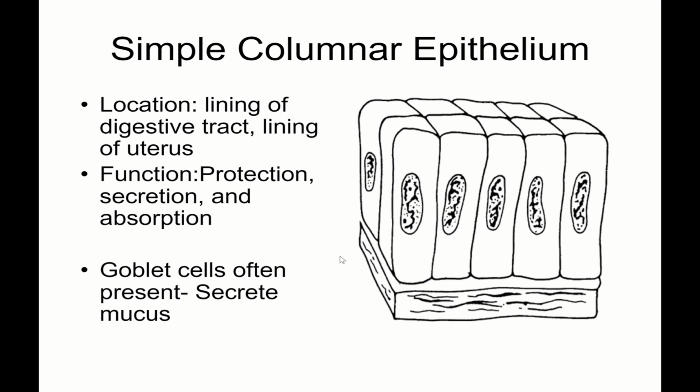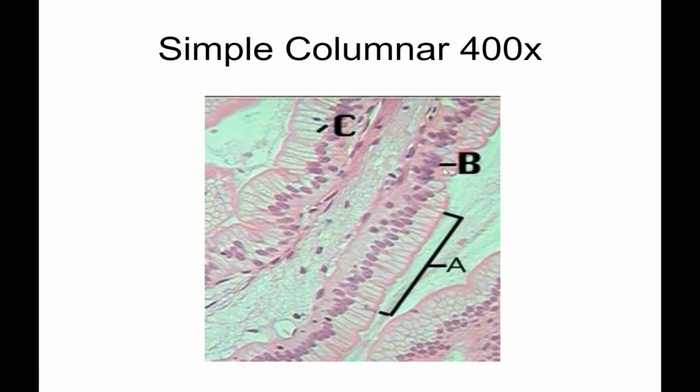They allow for secretion, and these are what are going to allow us to secrete mucus, because again, we have enough volume here to have some specialized cells, specifically goblet cells, that are going to secrete mucus. And then you can see that there.